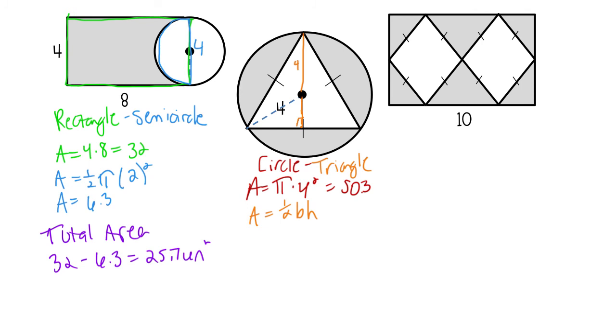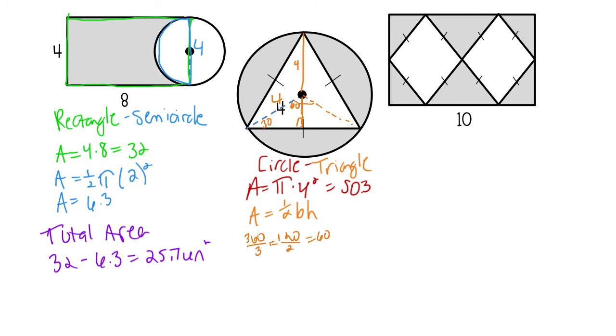We can use what we did previously with the apothem idea and find that this central angle is 360 over 3, which is 120. I divide that by 2 and get 60. So I know that this angle is 60. That means this one is 30. And my hypotenuse is 4.